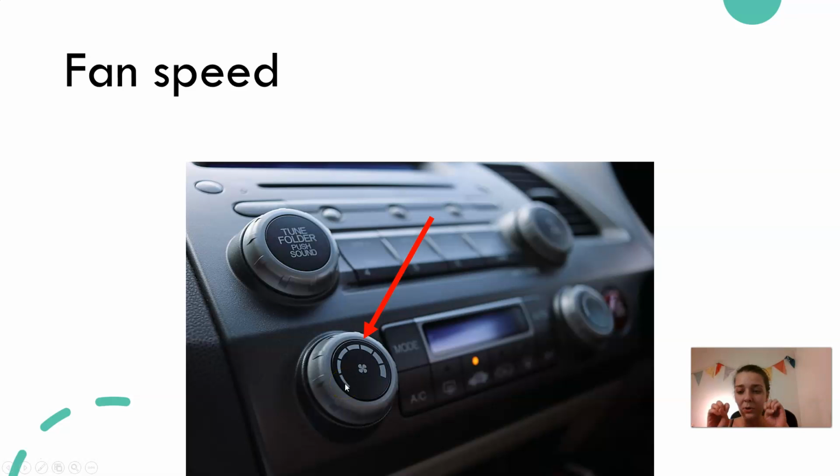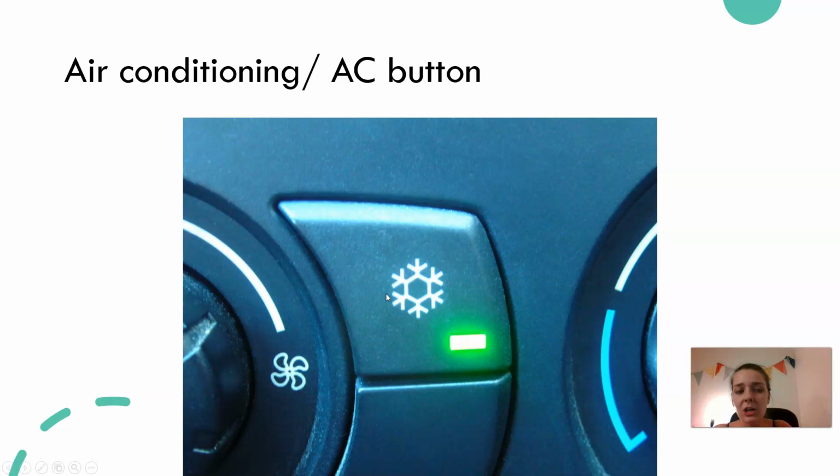It makes the air blow slowly, weakly, and if you turn it up, it's stronger, more air. Air conditioning, AC button. This turns on the cold air. So on a hot day, you want to hit the AC button.